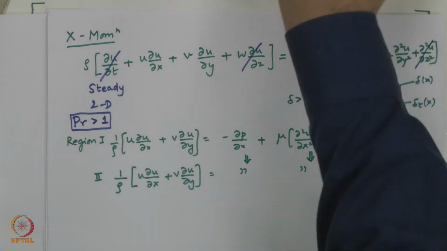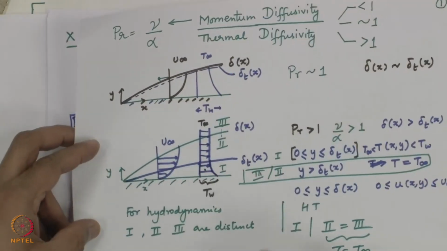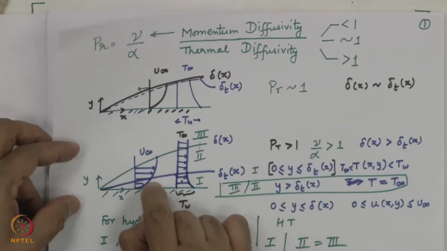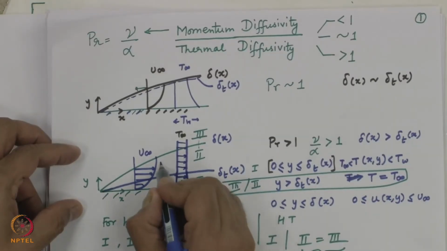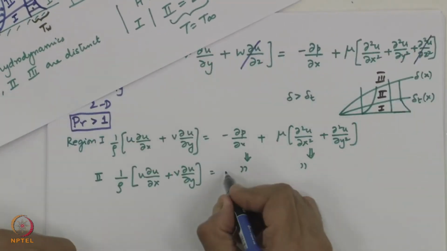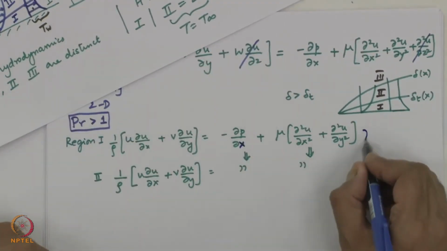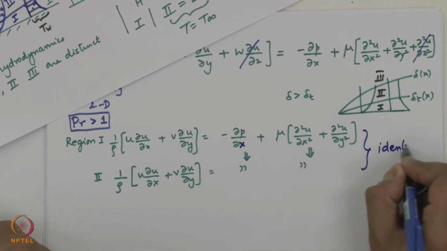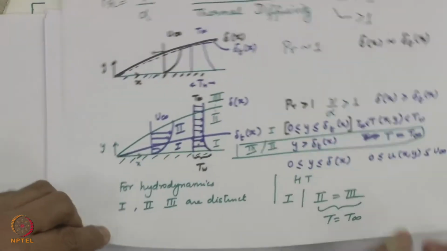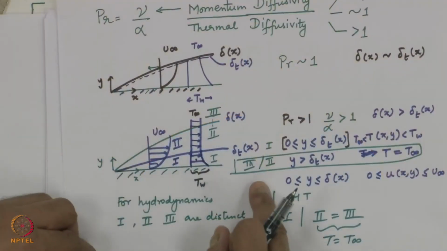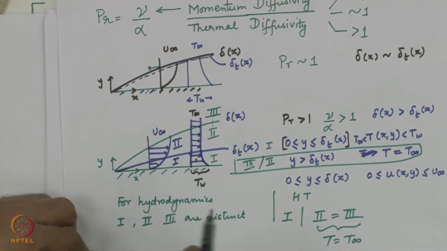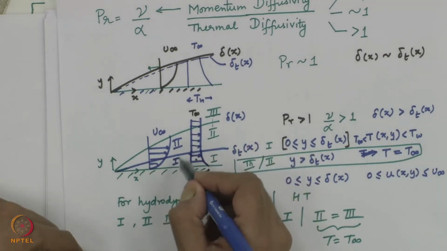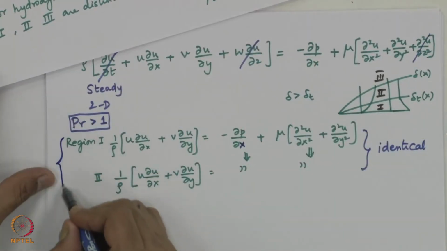And that is what I told you before also. For hydrodynamics, we have distinct 1 and 2. Velocity is going to be different in region 1 and in region 2. You would have to solve identical equations with different boundary conditions. In region 1, u equal to 0 at the wall has to be satisfied. In region 2, this would be something like this, and you will not typically solve for 1 and 2 separately, you will take these two together.